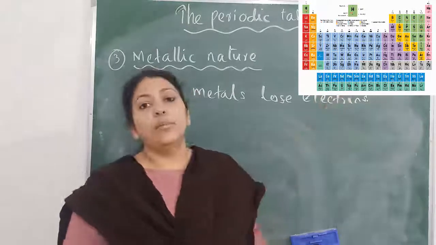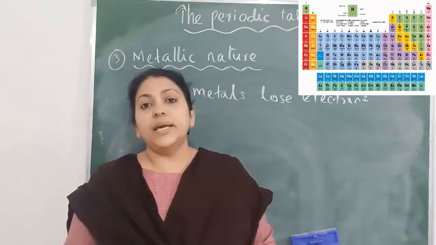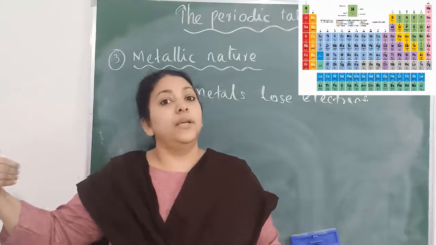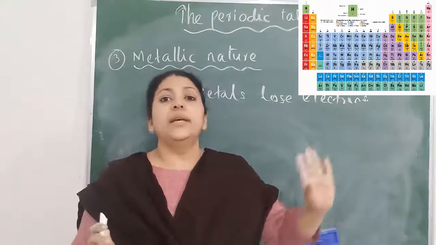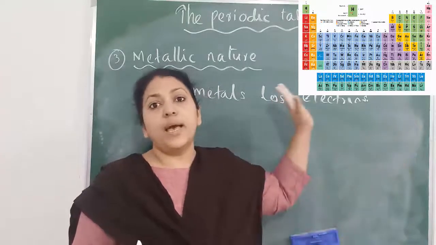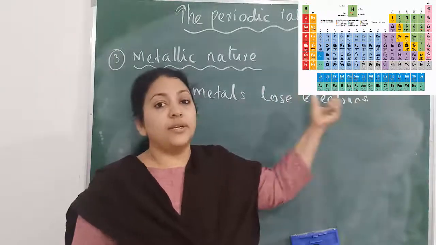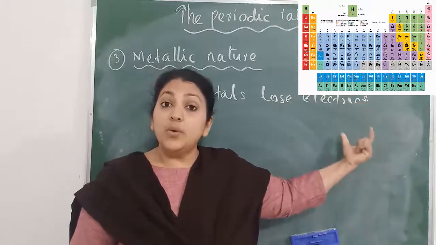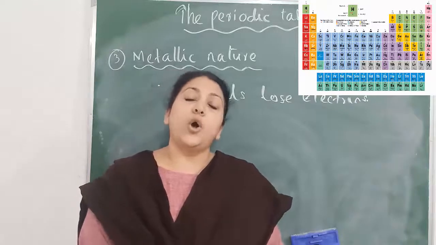You can analyze the periodic table. So at the extreme left side, they are metals. When you move from left to right across a period, what is happening? The metallic nature decreases, isn't it? First metals, then metalloids, then at the right end of the periodic table you can see non-metals.